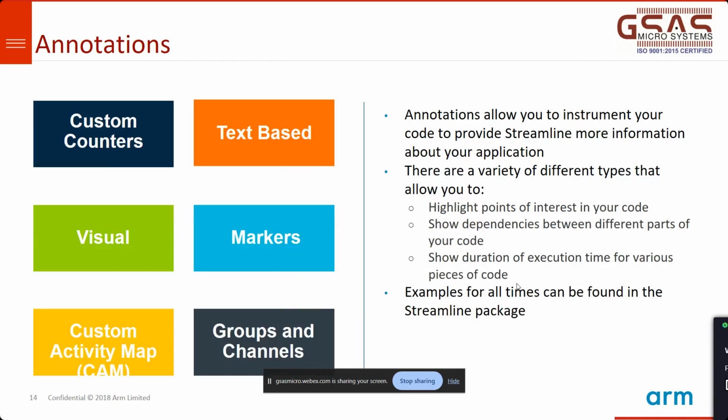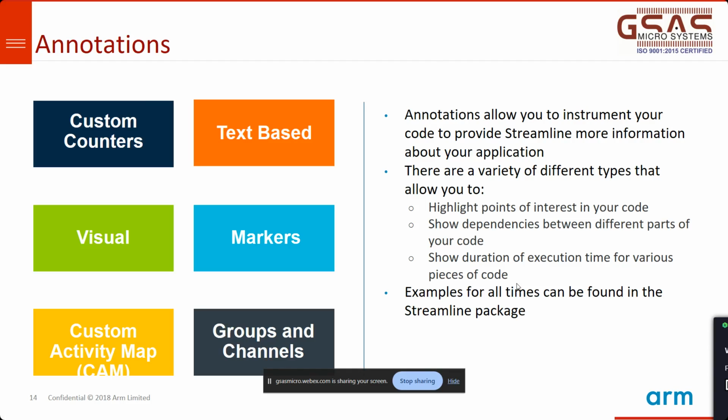So what is this annotation? Suppose in your program you've written some 10,000 lines of code, and I'm particularly curious to know about only some specific part of the code. Instead of Streamline checking the performance of the entire system, the entire code, using annotations I can tell Streamline that I'm interested in profiling only some specific points of my code.